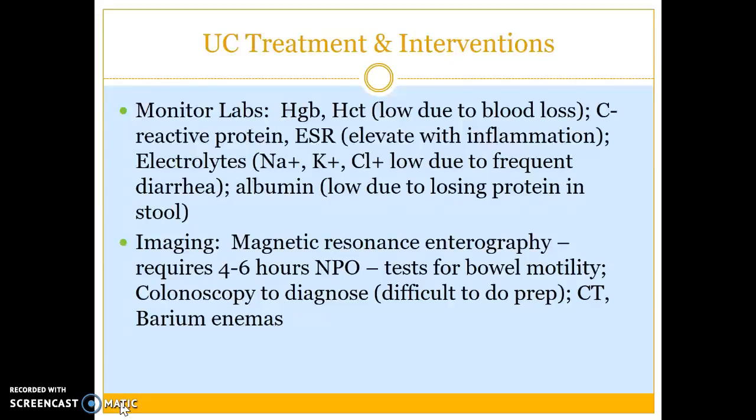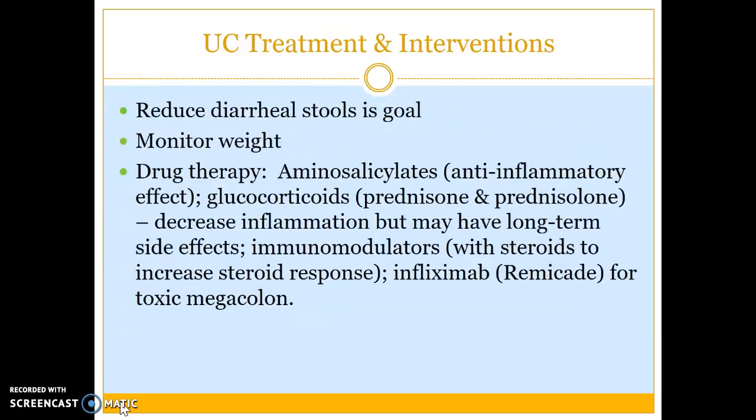Imaging: there are a few tests done to look at the lower bowel. Colonoscopy is usually done to diagnose, but as you can imagine, it's difficult for the patients to complete the bowel prep to really clean them out, because of how severe the reaction is to having constant diarrhea stools to clean their colon out. CTs can be done as well as barium enemas to look at the colon and see the condition of it.